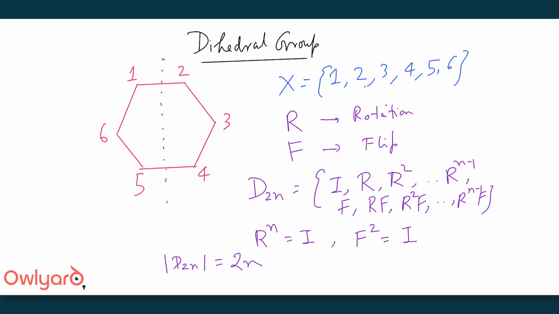This is a very important group that gets used in crystallography and other applications as well, and it is symbolically represented this way. So it is a very important example of a subgroup that people consider as one of the subgroups of S_n.